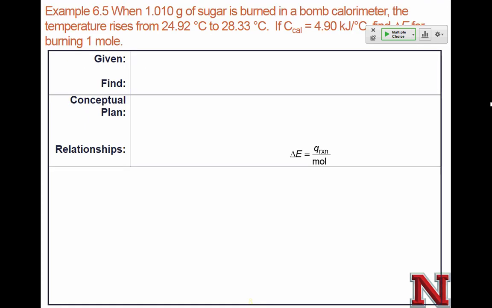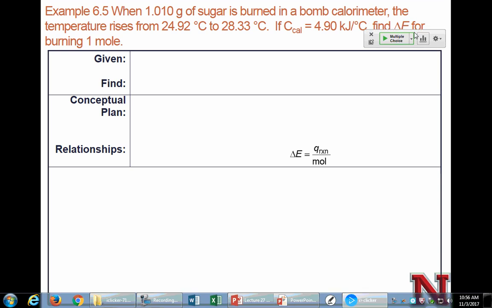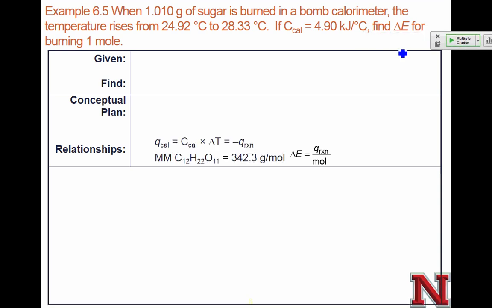So we have a certain amount of sugar, and of course we will need to know what the mass can be used for. So 1.010 grams of sugar. We're burning it in a bomb calorimeter. The temperature rises from 24.92 degrees Celsius to 28.33 degrees Celsius. Now here we're giving our C-cal, and we want to know our change in energy for burning 1 mole.